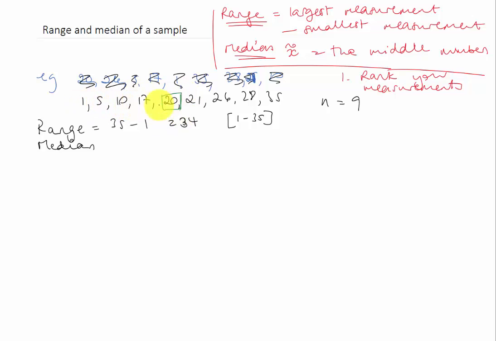It's the fifth value out of 9. And just for fun, we could work out the arithmetic mean of our sample, which is the sum of x over n, which is 163 divided by 9, or 18.1. So here our mean and our median are quite similar to each other.